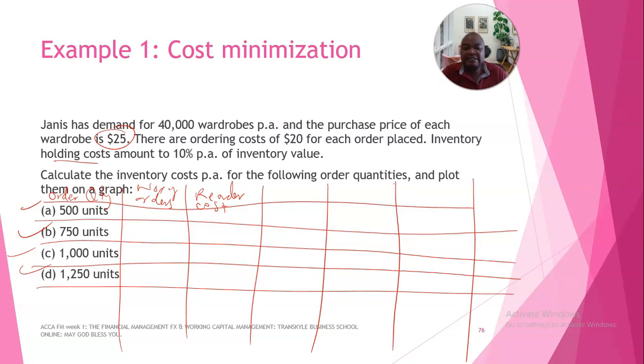We have been told in the question that the reorder cost is $20, so we can simply put our $20 there. Then we might need the average inventory.